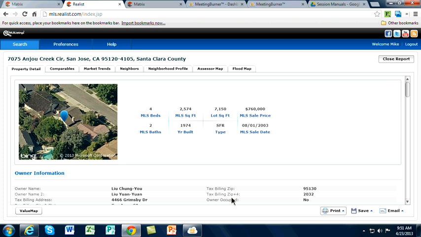See, an appraiser wouldn't do this, but sometimes all you have is what do we actually know about this property? It sold for $760,000 in 2003. That's about the only piece of useful information we have right now. How much have homes increased in 95120 since 2003?